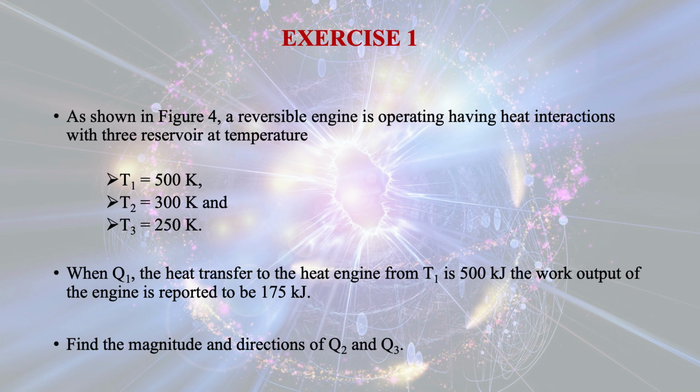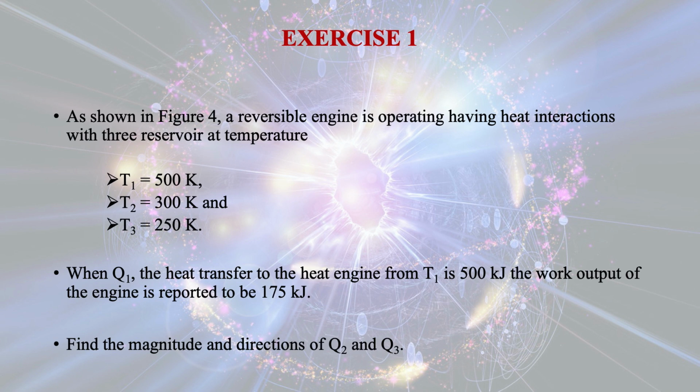Now let us very quickly discuss a very interesting problem, which is shown in figure 4. A reversible engine is operating, having heat interactions with three reservoirs at temperature T1 of 500 Kelvin, temperature T2 of 300 Kelvin and temperature T3 equal to 250 Kelvin.